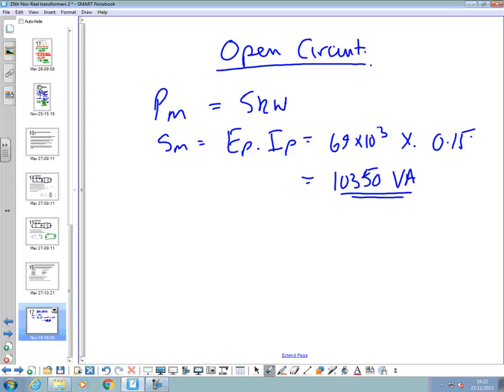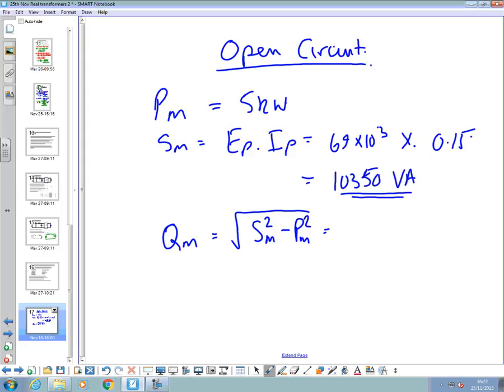From that we get QM. That's the root of S squared minus PM squared. So we were given the P, that would come from the wattmeter test.